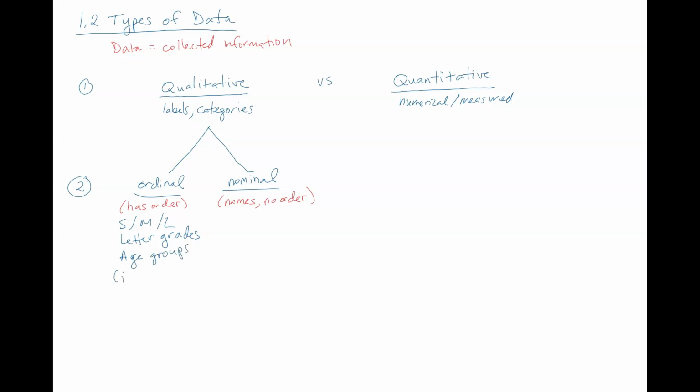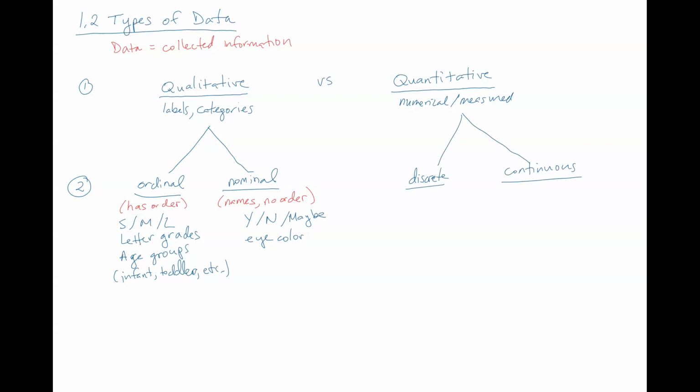But we've got, for example, infant, toddler, preschooler, etc. And for the nominal category, my go-to examples are things like yes, no, maybe, or eye color. Those lists of different kinds of eye colors, blue, black, brown, green, don't have any intrinsic order to them.